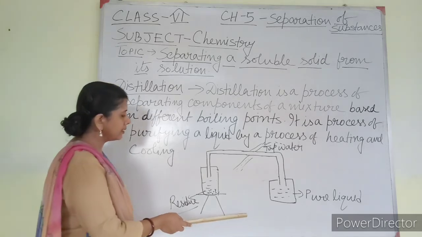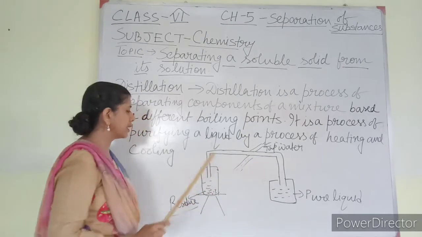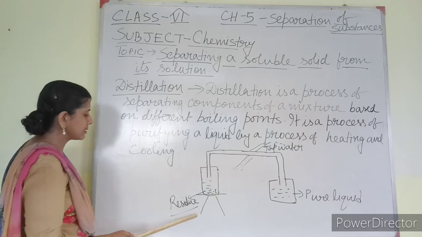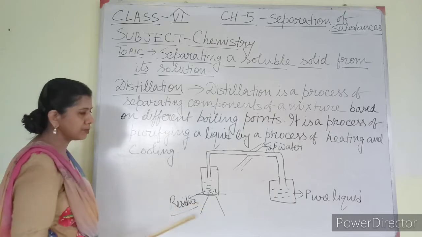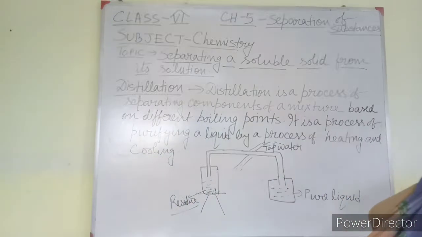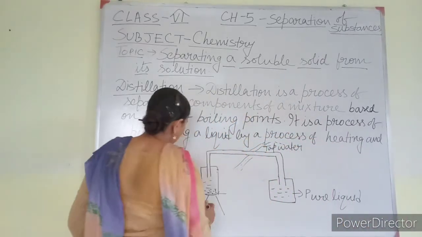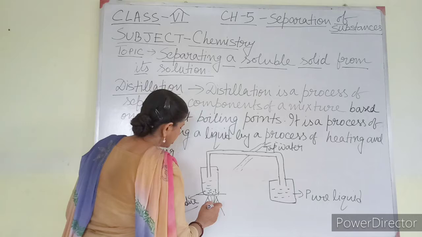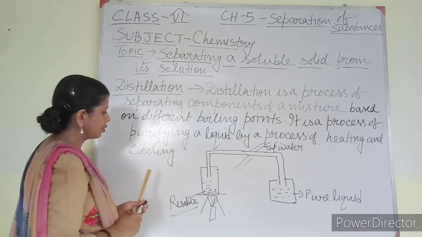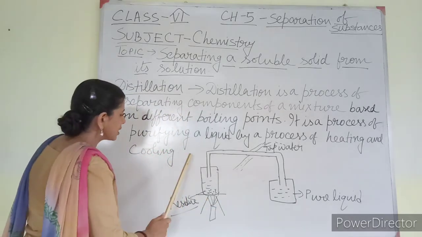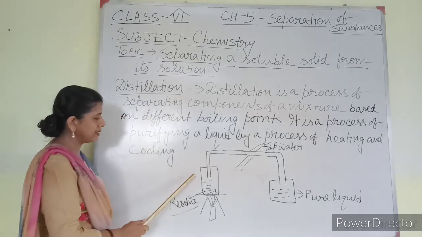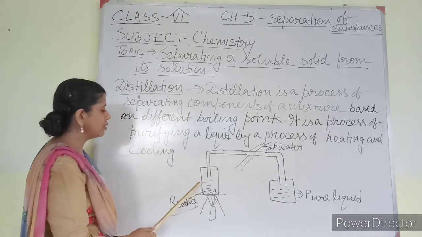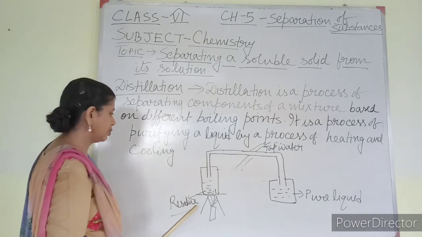I have drawn here a diagram to show you how distillation occurs. This is a stand in which there is a burner here. In the lab, a burner is present, and from the burner the heat energy is going there. This is a closed container, or we can say a closed beaker, where I have taken sugar solution or salt solution.